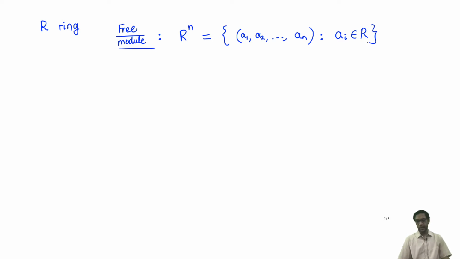What's the R module structure? Well, we do component wise addition and component wise scalar multiplication. So this becomes a left R module under the component wise operations.